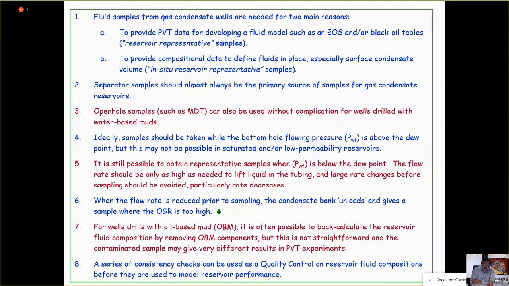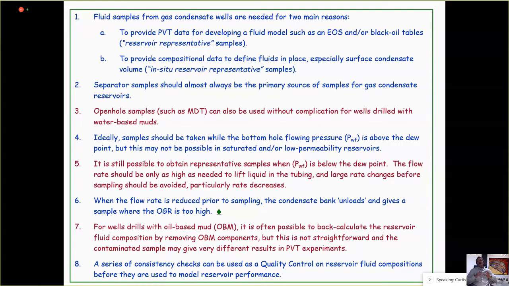Separator samples should almost always be the primary source of samples for gas condensate reservoirs. That's a general rule. But if you have new discoveries or the first 1 to 5 wells in a high permeability reservoir, because of the rig time for production testing, companies will often not do production testing.